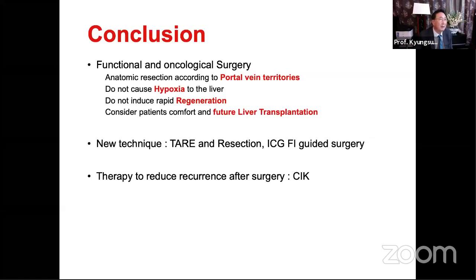If the time is prolonged, maybe it affects the liver condition, but for just 2 or 3 times of Pringle maneuver, we don't have any evidence that it is harmful to recurrence. So we can use the Pringle maneuver routinely without any consideration of inducing tumor formation.